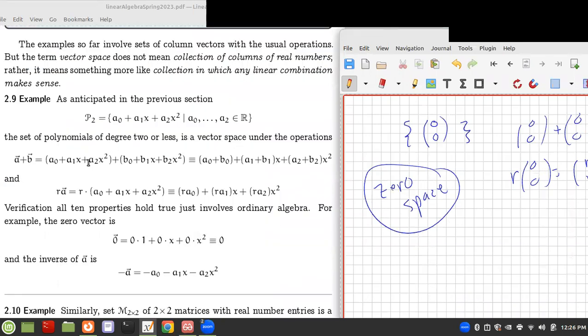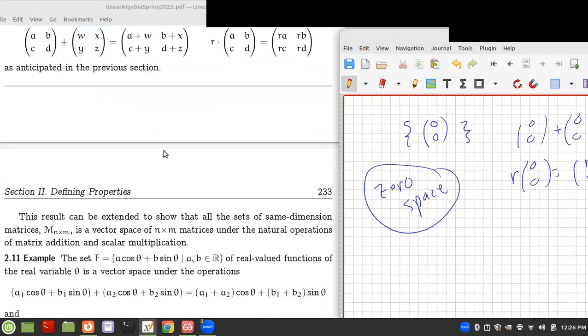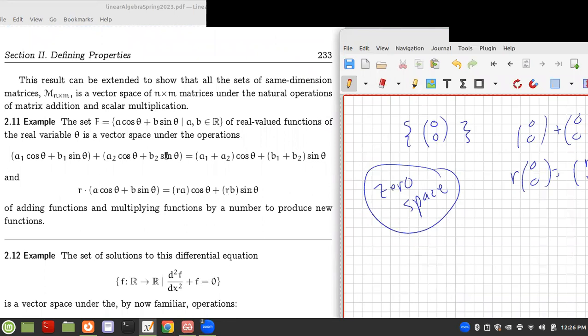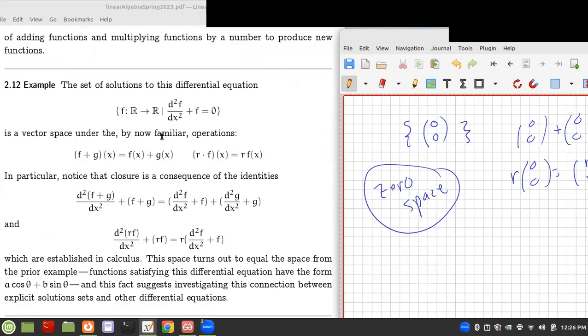And then you can look through and see what the zero vector is, what the negative is, for our different examples. There are some other examples that are maybe more interesting for applications. For example, the set of these linear combinations of cosine theta, sine theta for a given theta. Well, you can see here you have an additional application. These things form a vector space. How about this?